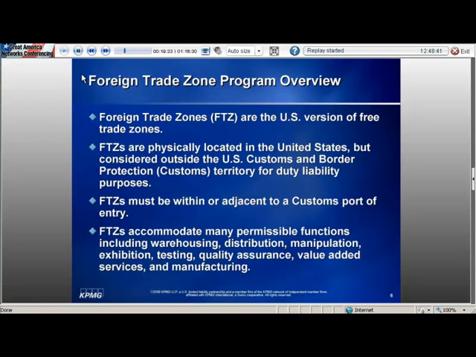And within a foreign trade zone, you can pretty much do almost any function that you can do if the facility is not a foreign trade zone. And again, we're speaking about distribution facilities in this part of the presentation. So that would include warehousing, any sort of testing, inspecting, quality control, value-added services, kitting, and even manufacturing, if that makes sense for that type of operation.